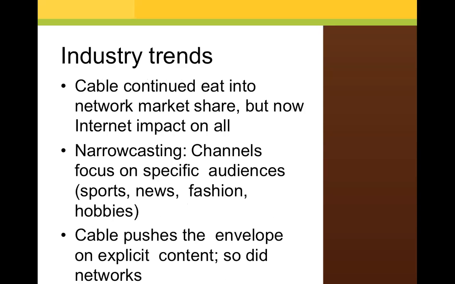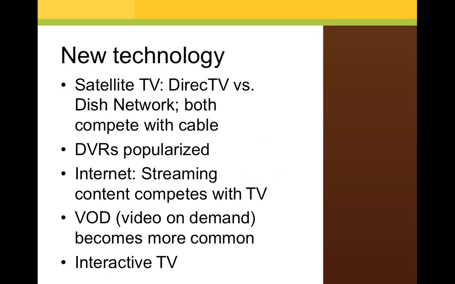What about some other industry trends? Well, cable continued to eat into the network market share, but the internet and streaming is having a huge impact on even cable TV. Our book talks about narrowcasting that happened from cable TV channels focusing on specific audiences, cable pushing the envelope on explicit content, and of course, so did the networks as a result of that.